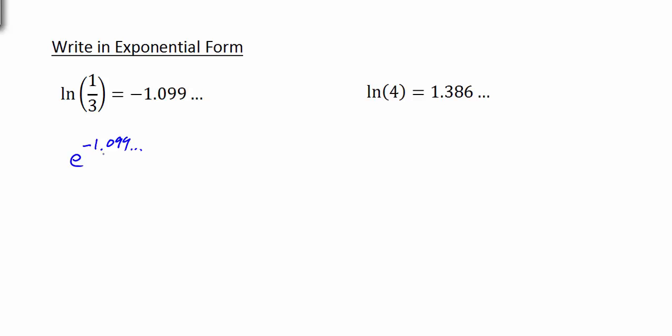So e to the exponent of negative 1.099 is equal to 1/3. Now, with the other example, natural log of 4 equals 1.386. Again, this is understood to have a base of e, and the exponent is 1.386, and that is equal to 4. What we're saying is e raised to the exponent 1.386 is going to be equal to the number 4.